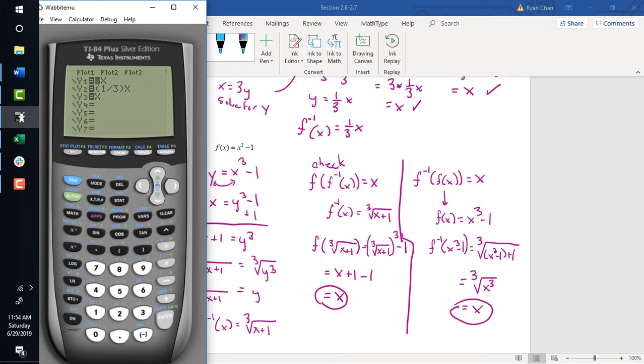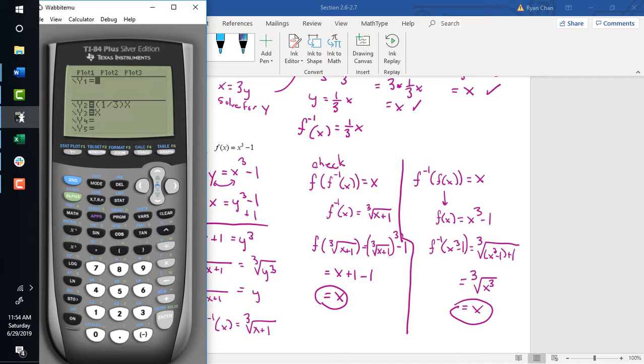Okay, same thing. So let's see if I do cube root of x plus 1. Let me show you how to do cube roots, okay? You could do this. You can do math, and you go to option 4. You can do cube root of x plus 1 like this. Okay.